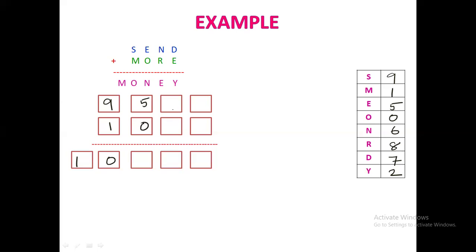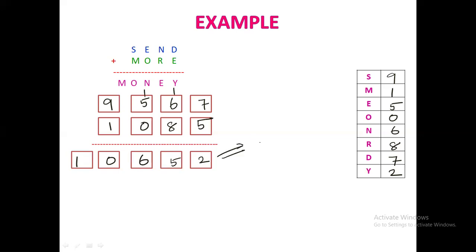Next N value is 6, R value is 8, and D value is 7, and here this value is 5. If you are adding these two, 7 plus 5, 12, 1 will be the carry, and here we are getting 15, and 1 carry will be there. 1 plus 5, 6, and 1 plus 5, there is no carry at all. 9 plus 1, 1 0. So if you are adding these two values, this is what we get.